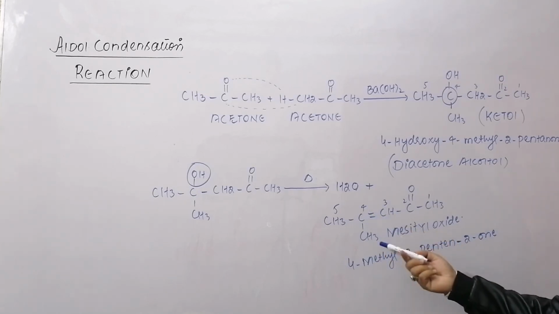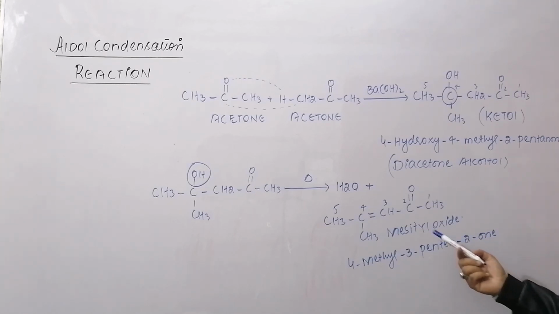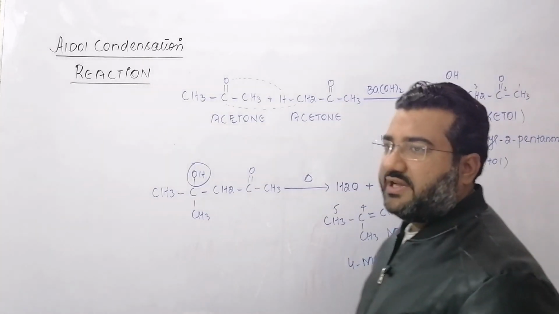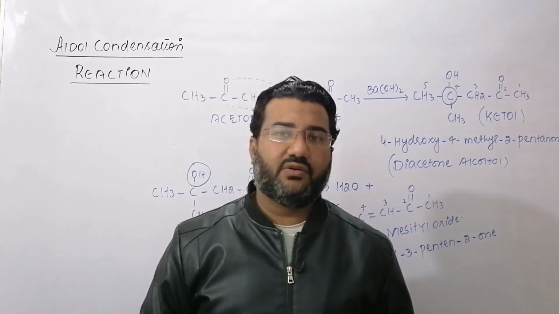It should be 3-pentene, but because the name is continuing, the E is removed. So it is 3-penten-2-one. That is the IUPAC name of this alpha beta unsaturated ketone.